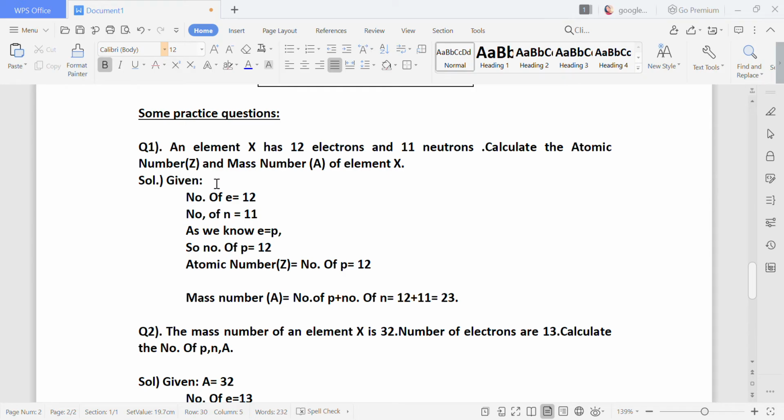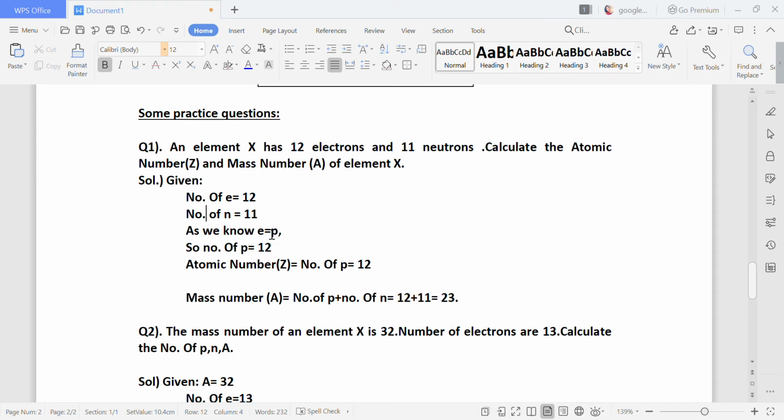So let's see what is given to us here. Here we have the number of electrons, because they have given us the number of electrons. So number of electrons is 12. Then they have also provided us with the number of neutrons. So number of neutrons is 11. Now we know that number of electrons is equal to number of protons.